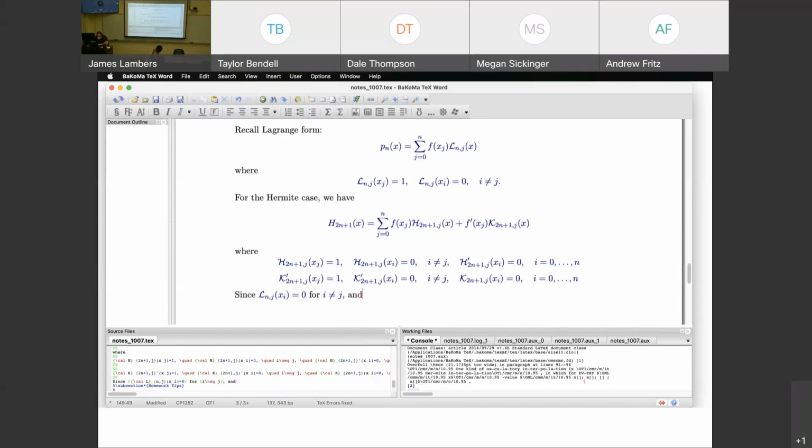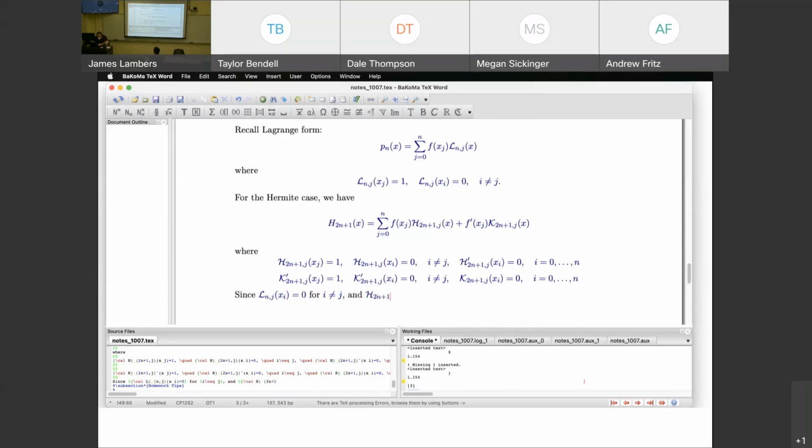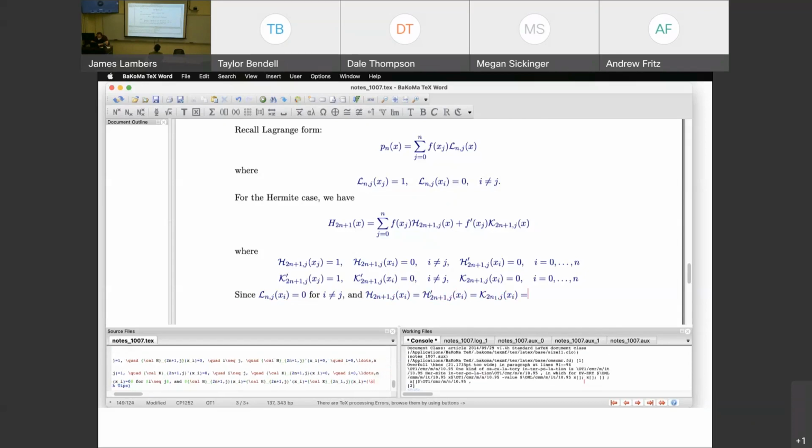And we also have h, polynomial j evaluated at x_i, and its derivative at x_i, and k and its derivative.